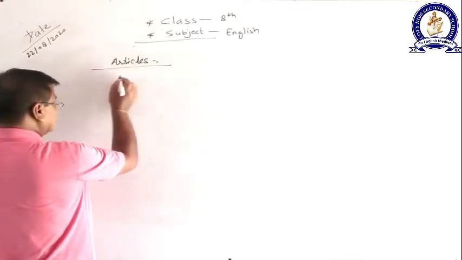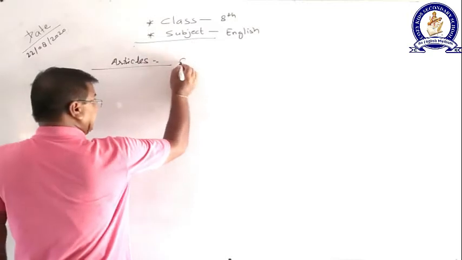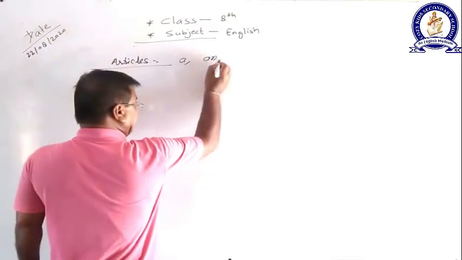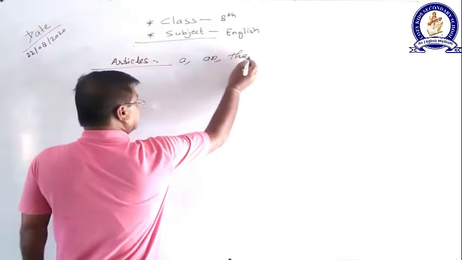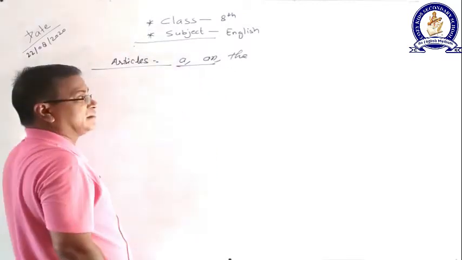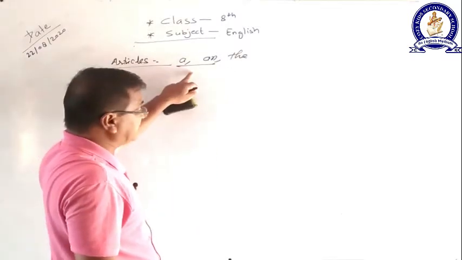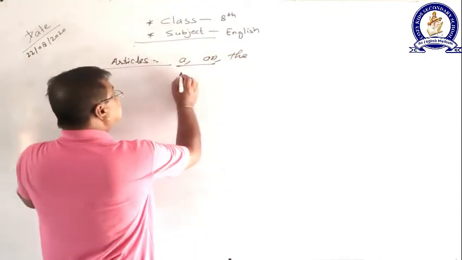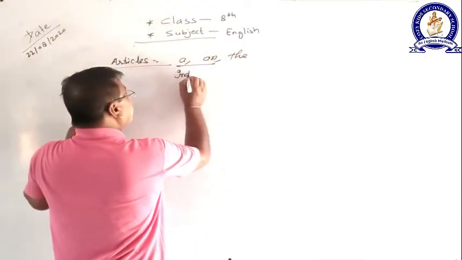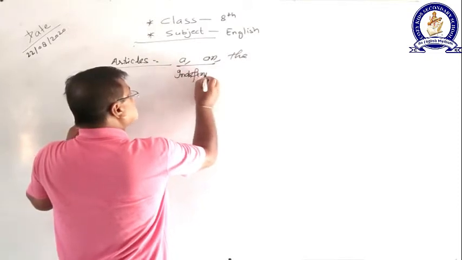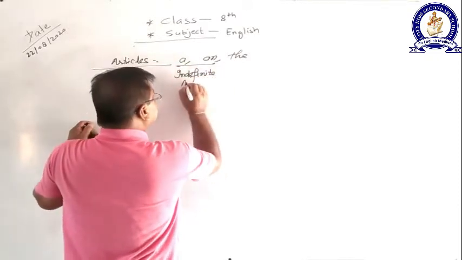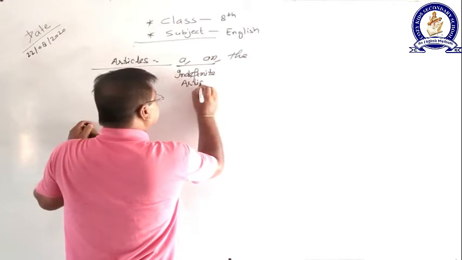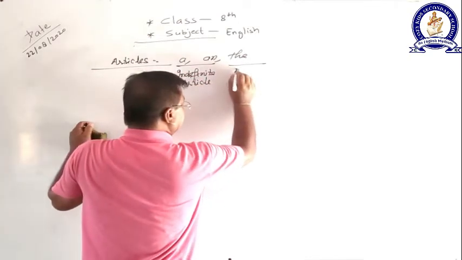There are 3 articles: a, an and the. A and an are the indefinite articles, and this one, the, is the definite article.